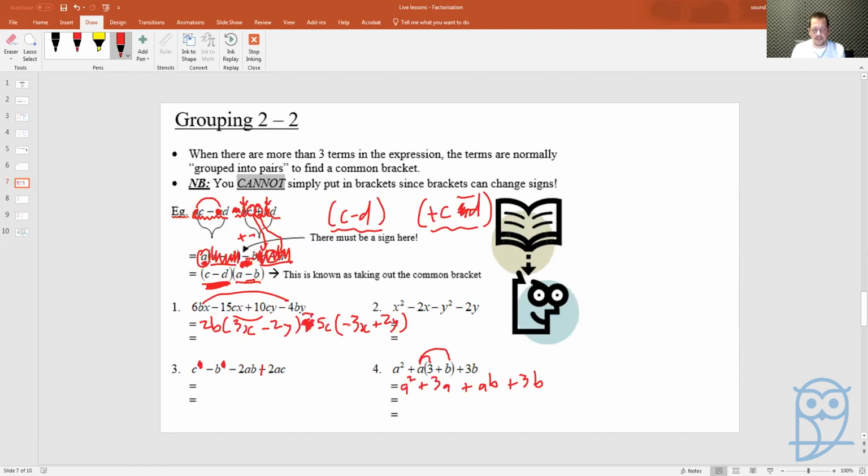I make that a minus. That becomes a plus. That becomes a minus. And now they are the same bracket, which means I can take out this bracket once as a common factor. And then I'm left with a 2b minus 5c. And that's my answer.